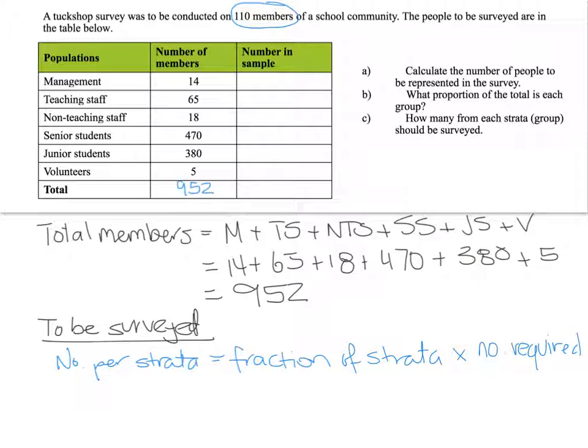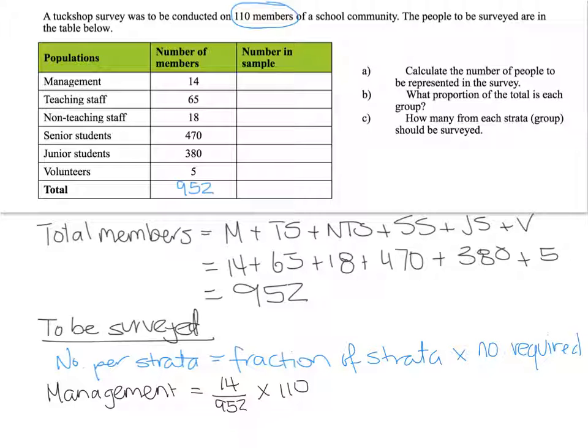Let's have a look. We'll start with management. For management, the fraction of the strata is going to be, there are 14 in management out of 952 in the population, and then we're going to multiply it by the 110.